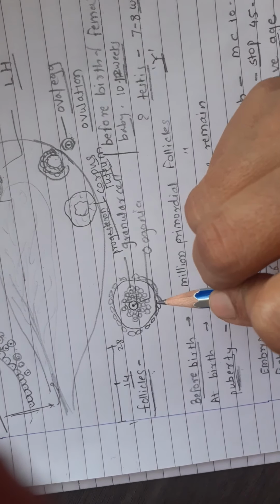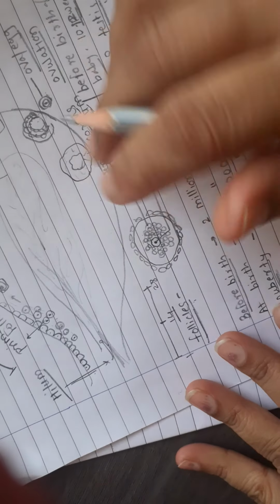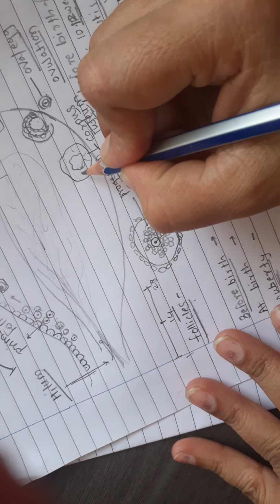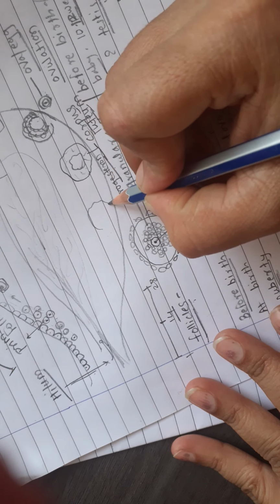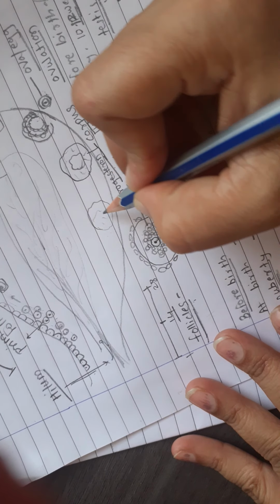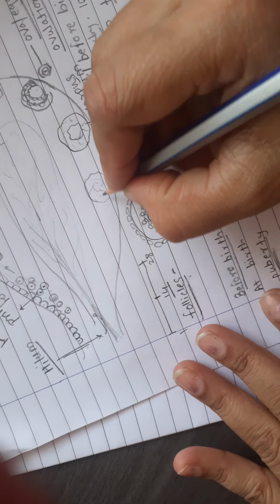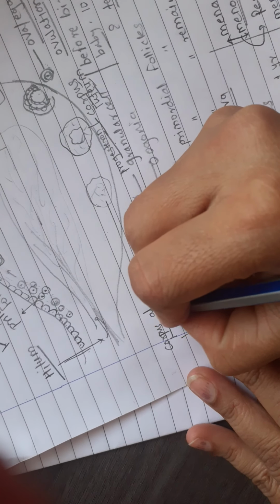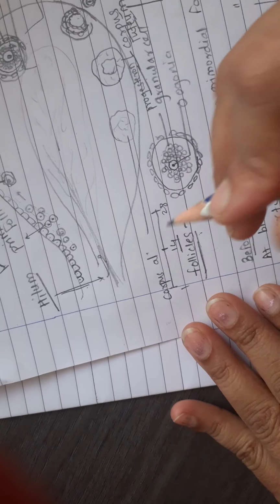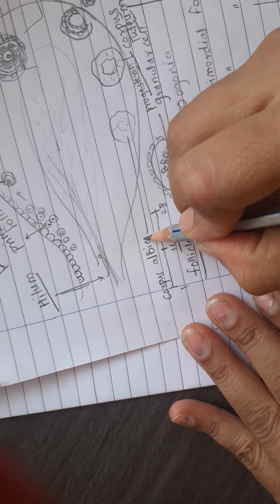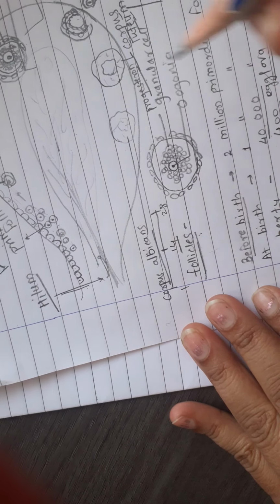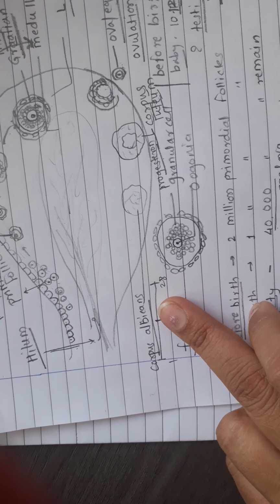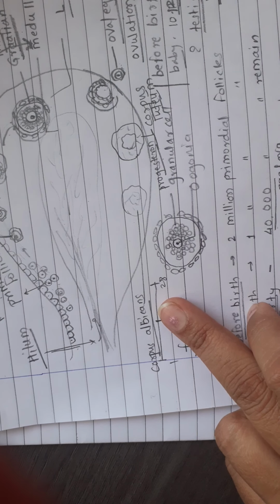If fertilization does not take place, this corpus luteum is converted into a white scar of the body, called corpus albicans.